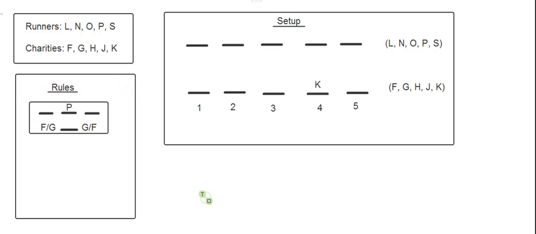You can see we've left a space between F and G, and we don't know which one's going to come first, so we had to do F slash G, and then a space, and then G slash F, and then there's P in the middle as the runner in the lane between F and G. Hopefully that makes sense.